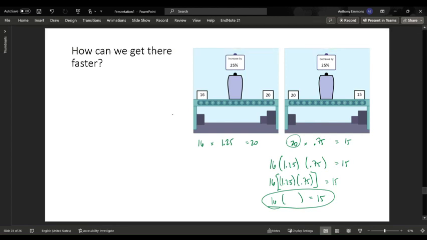initially we took the 16 multiplied by 1.25 and got to 20. And then we took the 20 multiplied by 0.75 and it equals 15. Well, using substitution, I know this is kind of higher level, I wanted to show them that I could take that 20 out and substitute its original 16 times 1.25. So that's kind of what I'm doing here. And then talking with them, right?